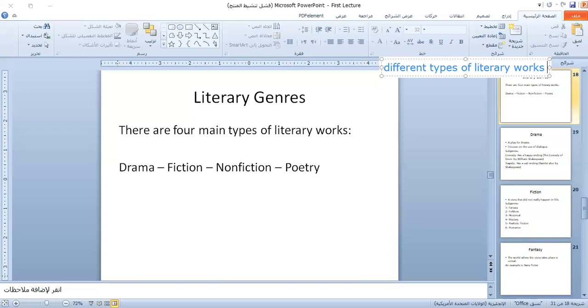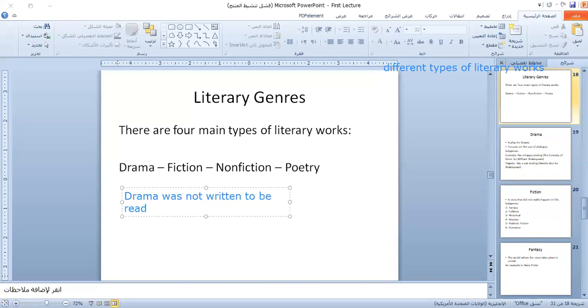They focus on having scenes, acts, characters on stage, and we always say that drama was not written to be read, but written to be played. So drama was not written to be read. And I want you to notice that this is the third tense of read. So we have read, read, read.